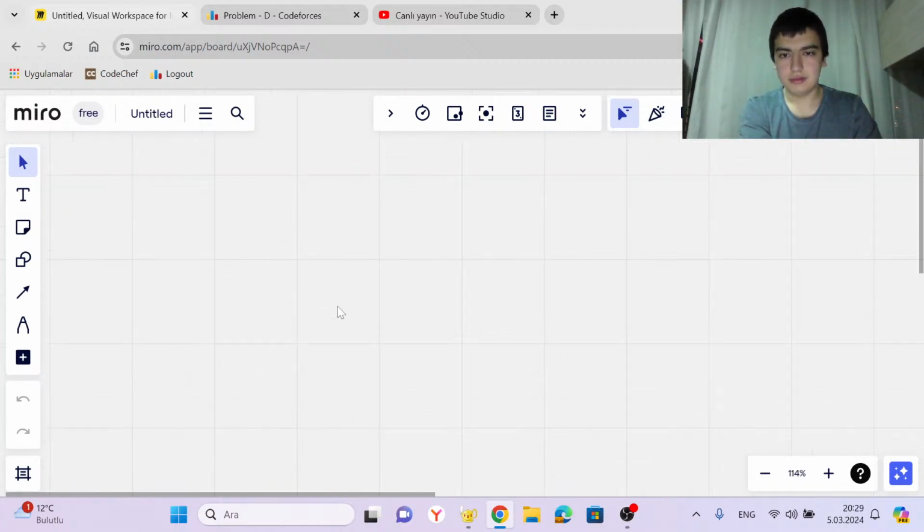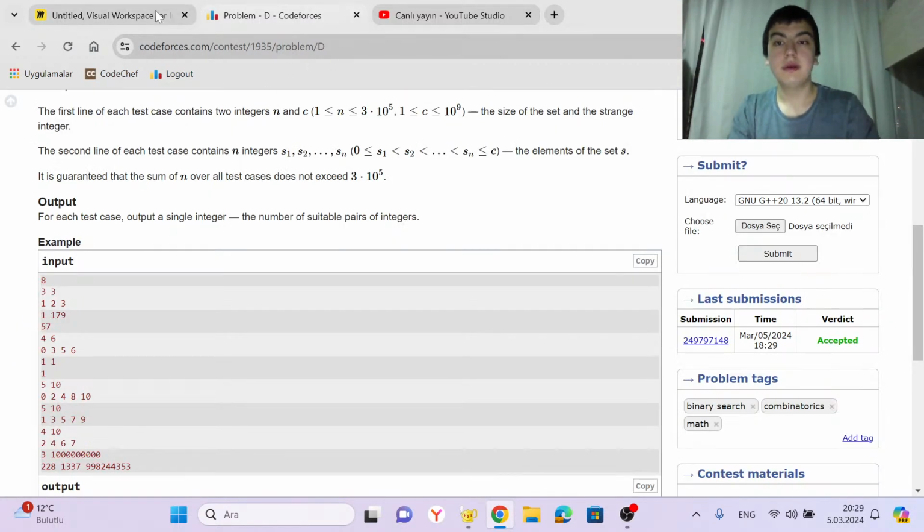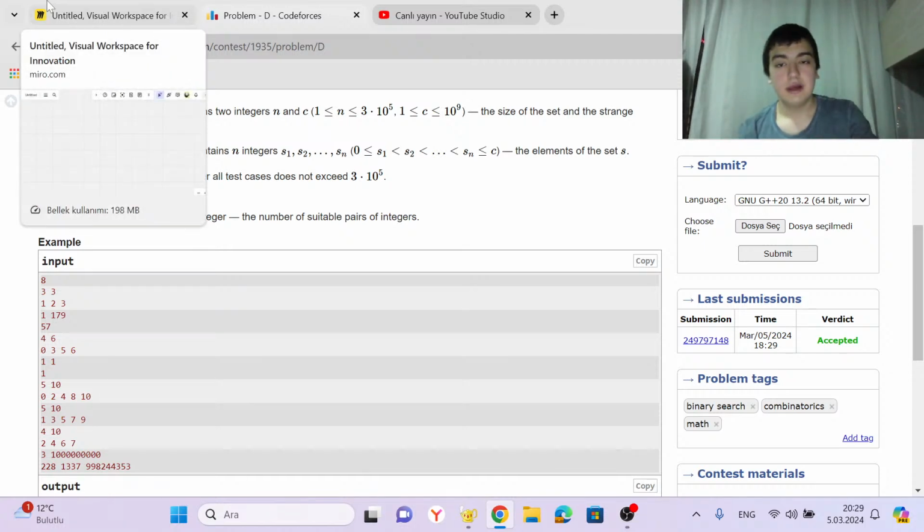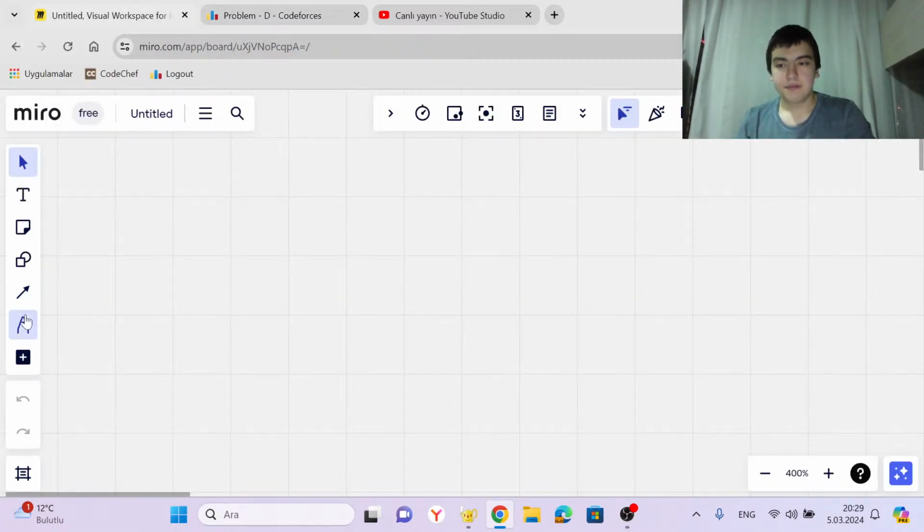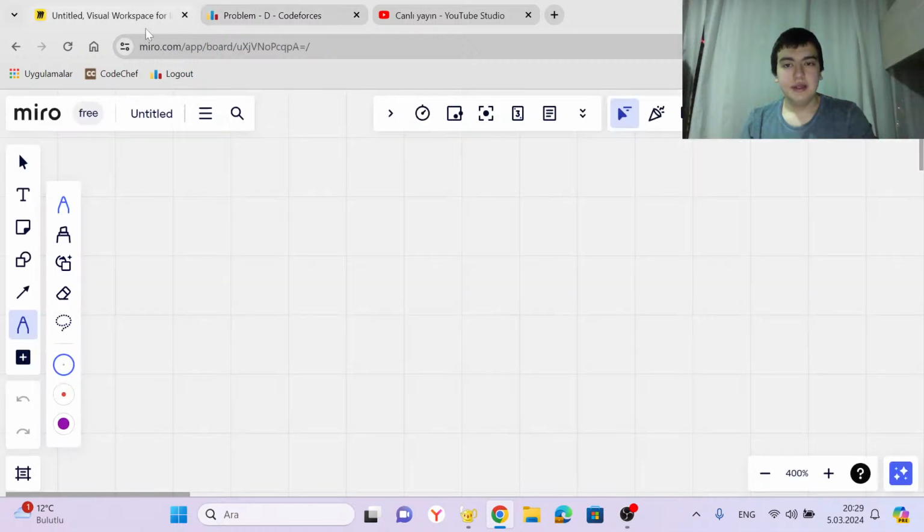Okay, let's open another place. Firstly, I think that I need to choose an x value and also a y value, and x should be less than or equal to y. How can I choose these values?